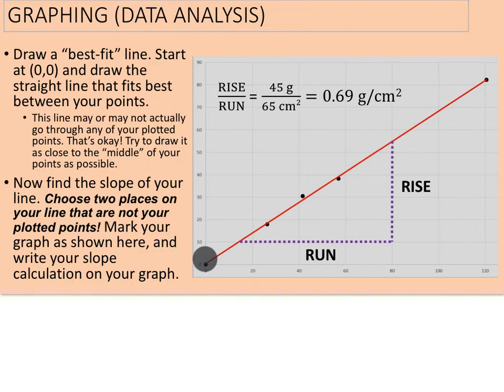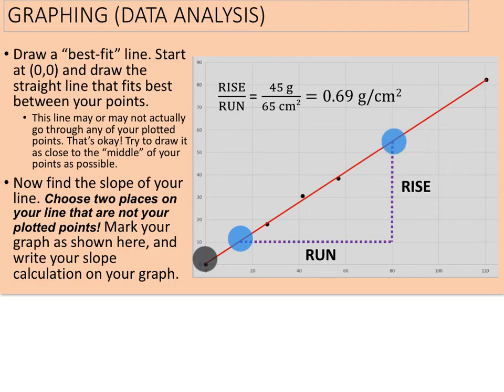Once you have that line drawn, you're going to find the slope of your line, or your rise over run. So that's the difference in y coordinates divided by the difference in x coordinates. What you want to do here is to choose 2 spots on your line that are not your plotted points. You want to make sure that you're choosing places directly on the best fit line that you just made.